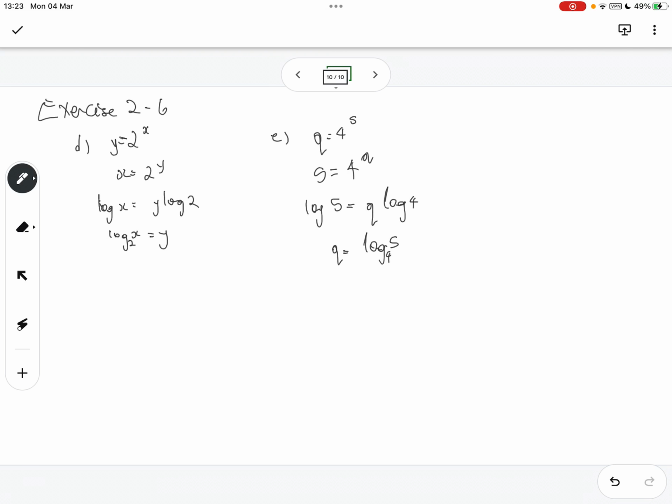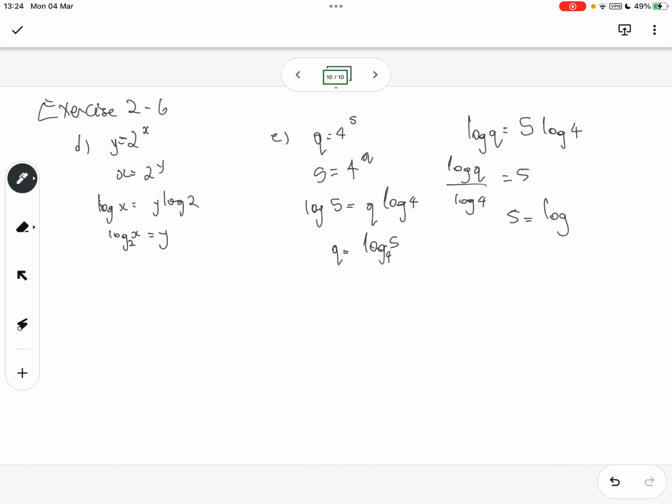Wrong. It's log q base 4 equals 5. So it's like just log q equals 5 log 4.